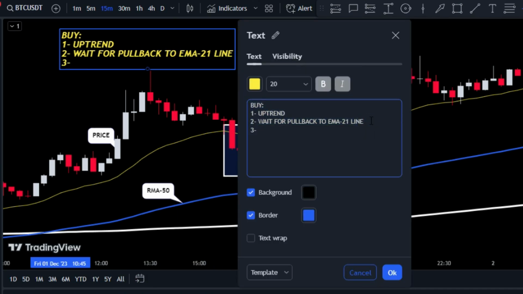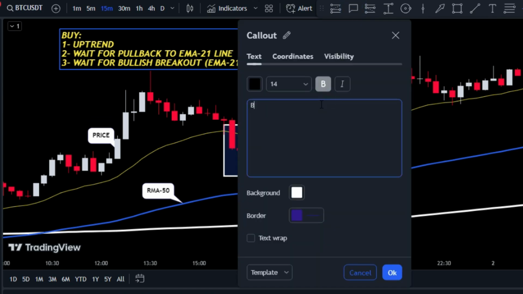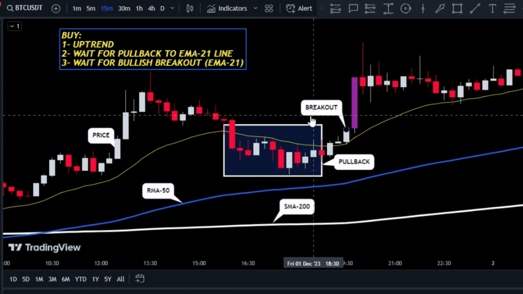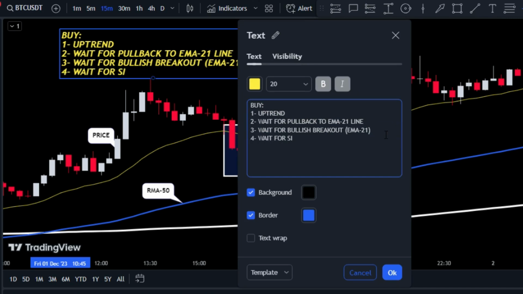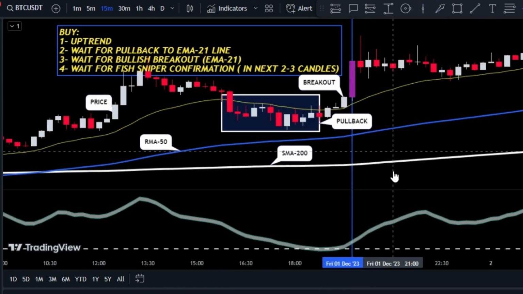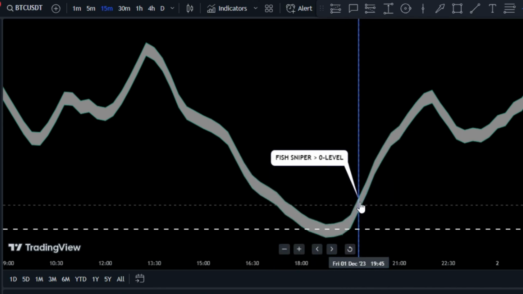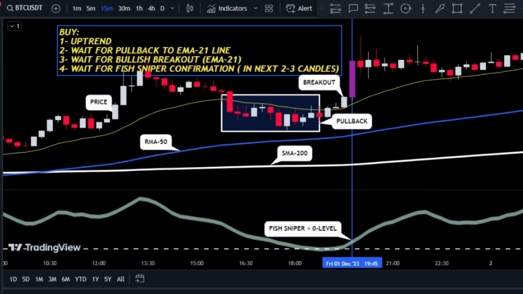Then hold tight for a candle to surge above the EMA 21. The next move is to get a buy signal confirmation from the fish sniper indicator. So, if all these 4 conditions align, you're all set to initiate a buy trade.